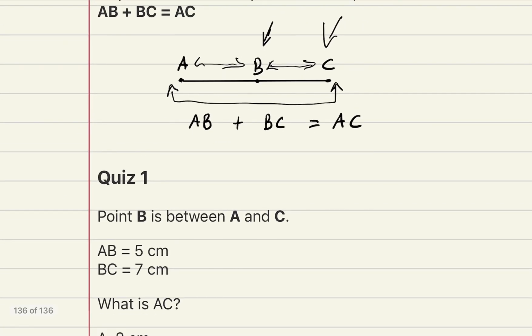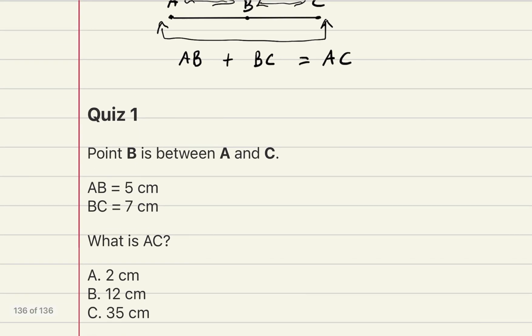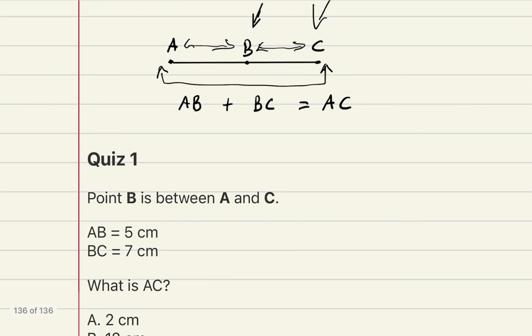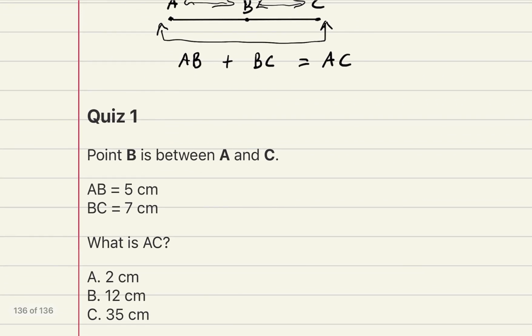Actually, let me give you, I did forget to give you some examples, but you don't even need these option answers. Let's just work it out together. So we have point B is between A and C. So we have this, this, and this. So let's draw a line. Okay, so they're saying that point B is between. So we're going to call that B, and then AC.